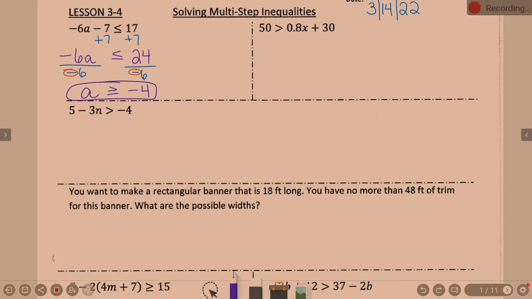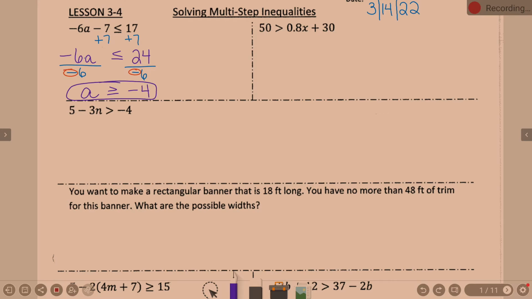I have a suggestion to make. You know what my suggestion is going to be? Flip it. I'm going to say flip it, because right now I have my x on the right, and I prefer my x to be on the left.